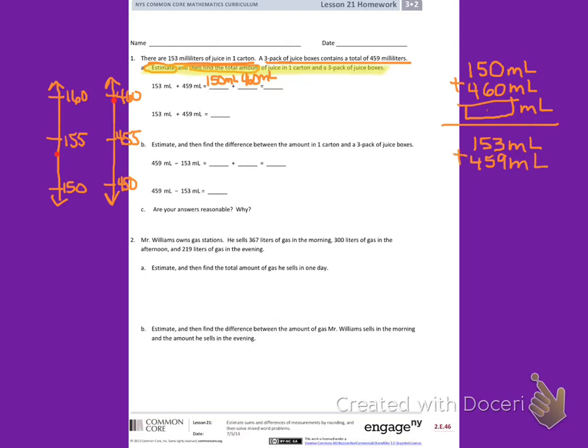Again, since we're finding the total, I'll add. Well, 3 and 9 is 12, and 12 is written like this: a 2 in the ones column, and a 1 in the tens column. 5 and 5 is 10, and 1 more is 11. 11 is written with a 1 and another 1. 4 and 1 is 5, and another 1 is 6.